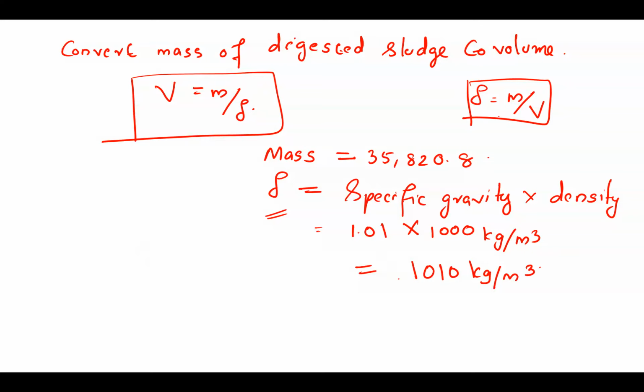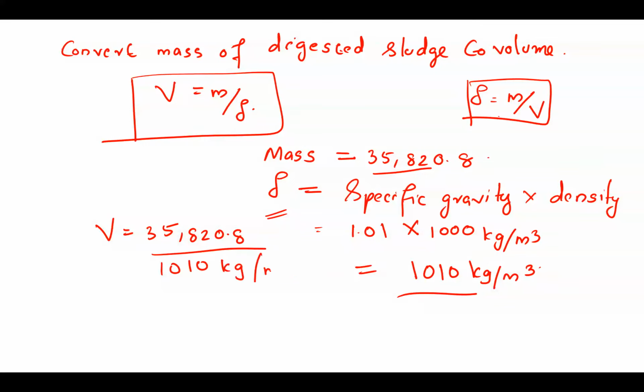Then this value we can put in this equation. Volume is equal to mass, which we have as 35820.8 divided by the density, 1010 kg per meter cube, and this is kg per day.